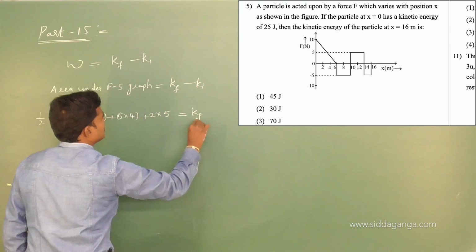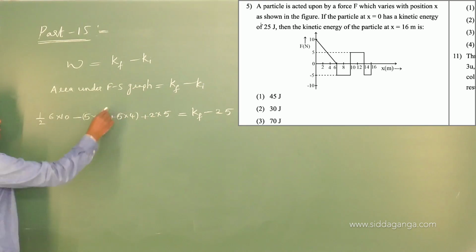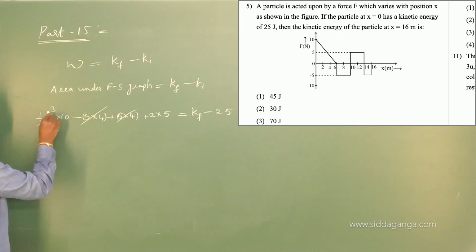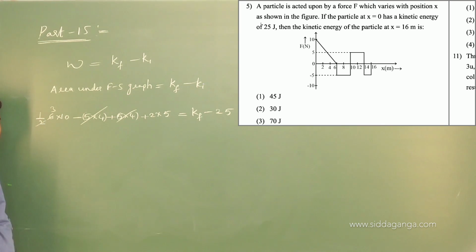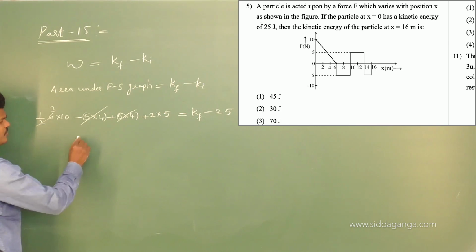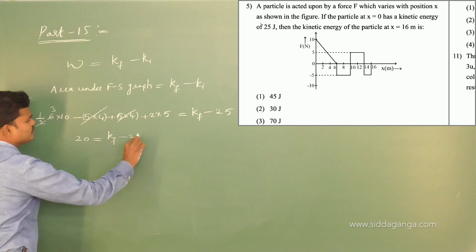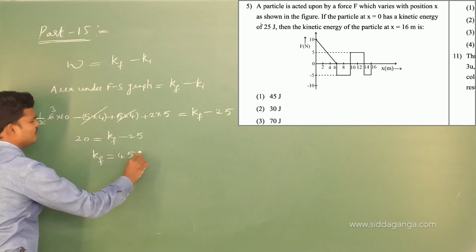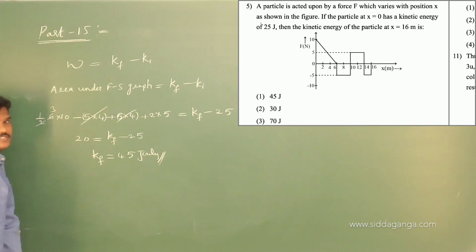Ki is given as 25 joules. The 5 into 4 terms cancel, this is 30 and 10, 30 minus 10 is 20. Kf minus 25 equals 20, so Kf is equivalent to 45 joules. So 45 joules is the answer.